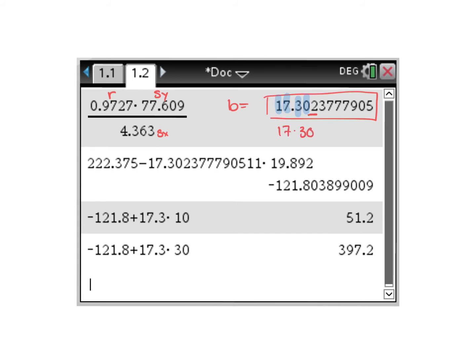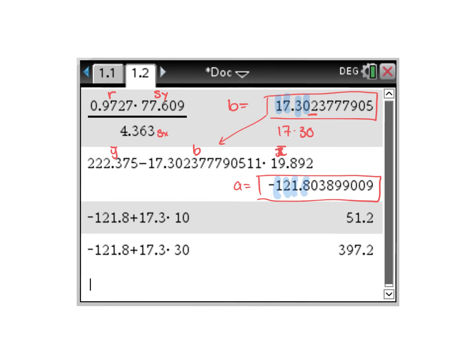17.30. Okay. Now in the next line, I've found the A value using that formula, which was the mean of Y minus B times the mean of X. I just used B there. So that was the formula, and A equals this number here. Now, once again, they said 4 significant figures. So I go 1, 2, 3, 4.